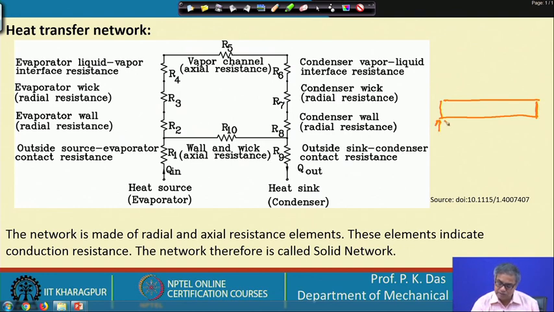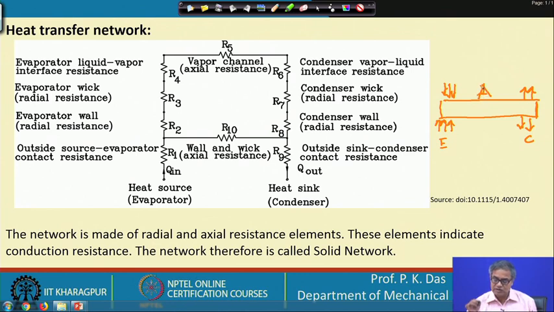So, here is the evaporator section, heat is given here. Here is the condenser section, and this is your adiabatic section.